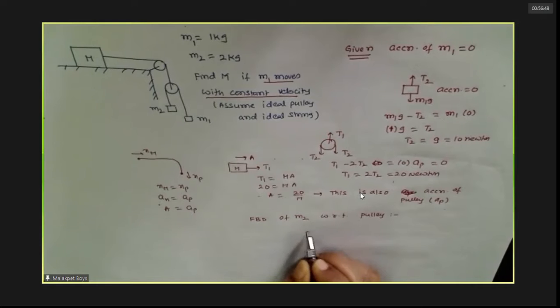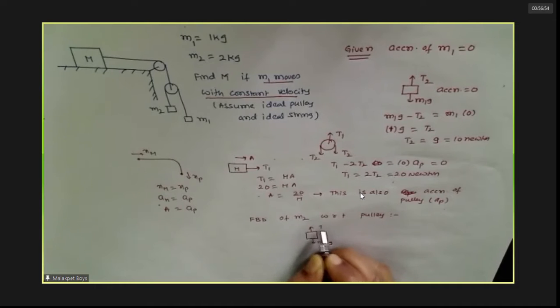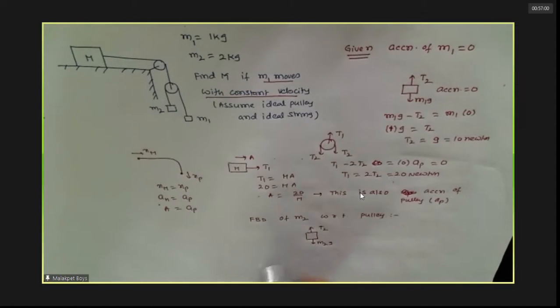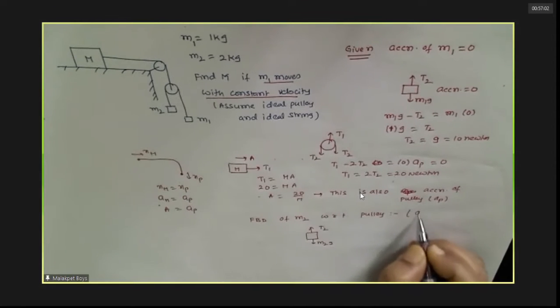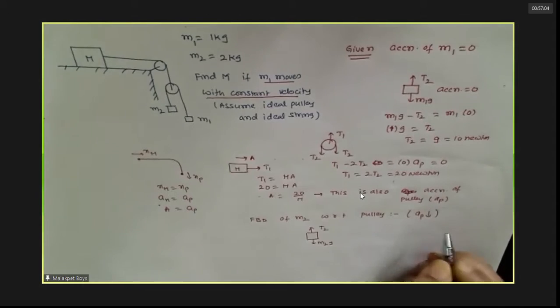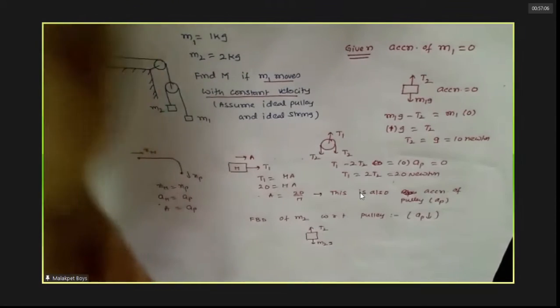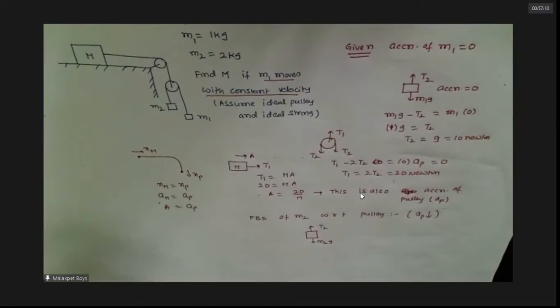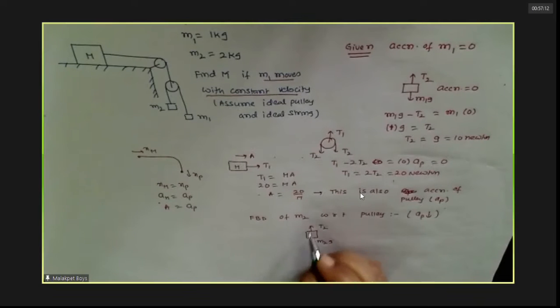Then you can see M2g, and this tension is T2. Any other force? The pulley is coming down, no? Therefore, because of acceleration, there will be one force. What is that called? Pseudo force. In which direction will it be?